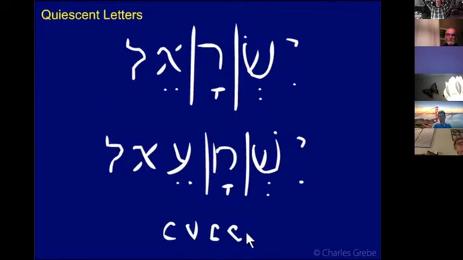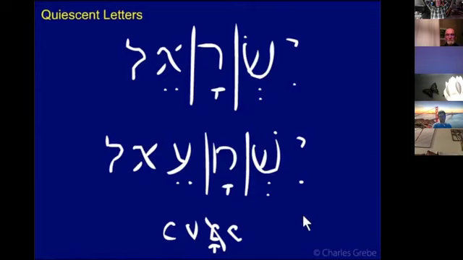We don't have that. And the reason it looks like CVC, but it's not, is because this one here is the Aleph, and the Aleph is quiescent, so it's not functioning as a consonant there. Now, you can often tell a quiescent Aleph because it won't have a vowel under it. Notice this one has a vowel under it, this one doesn't. So if you see an Aleph without a vowel under it, particularly if it's in the middle, or it appears to be in the middle of a syllable, or sometimes at the end, then you probably have a quiescent Aleph.